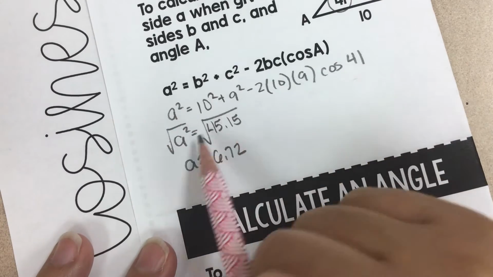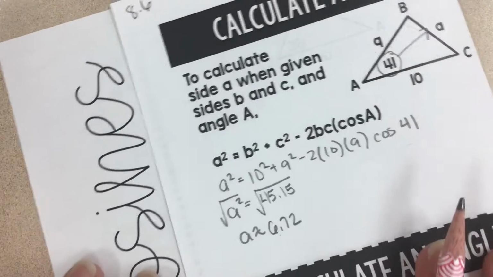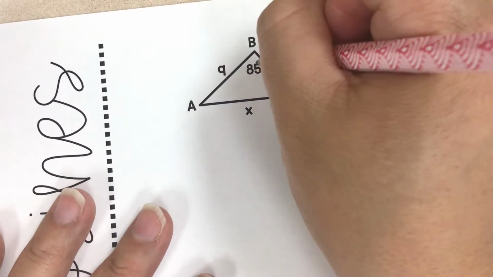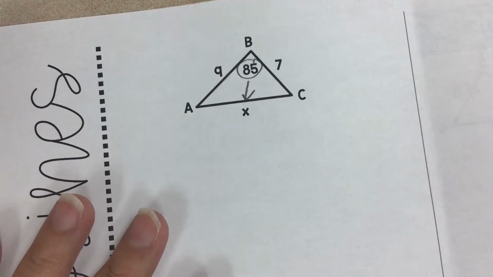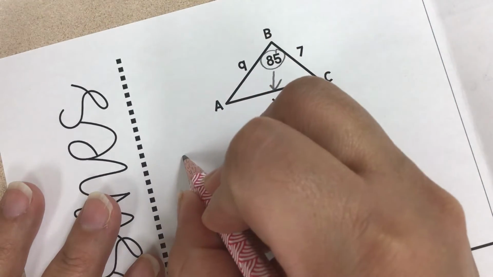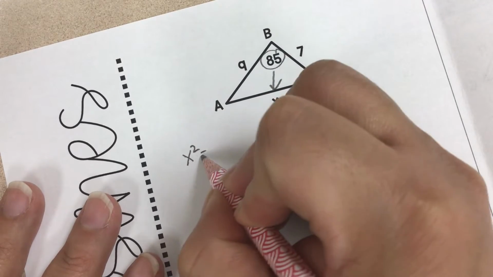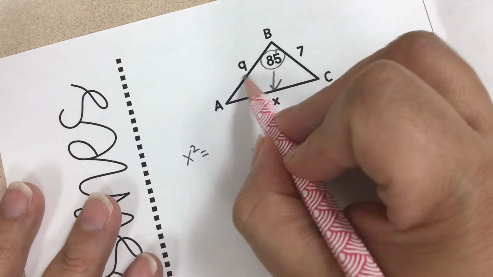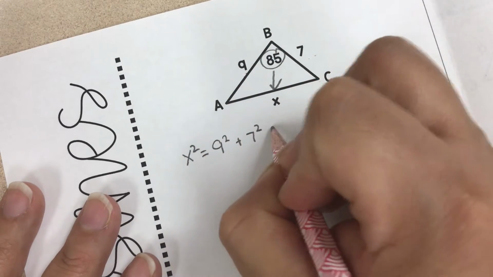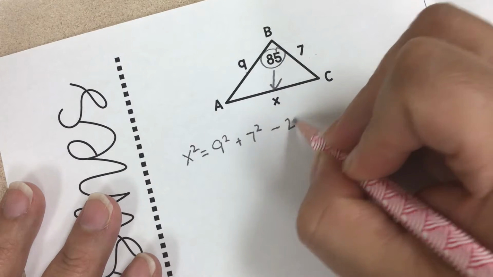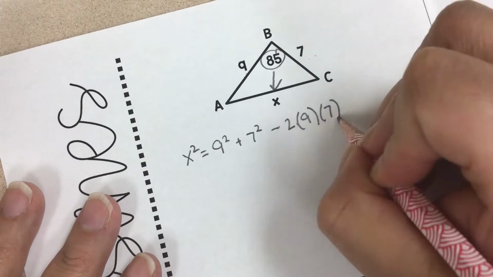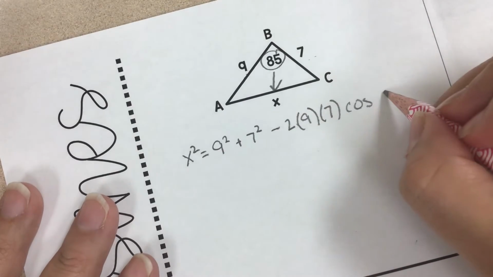Since this part is pretty much putting in the calculator, all I'm going to show you is how to set it up. Once they give you the angle, you're going to look at the side opposite. And that is the one that's on the other side of that equation. So that's x squared is equal to, and remember the order of these doesn't really matter. So you could put 9 squared plus 7 squared, minus 2, which is part of the formula, times b, which we selected as 9, and then 7 cosine of the angle given, 85.